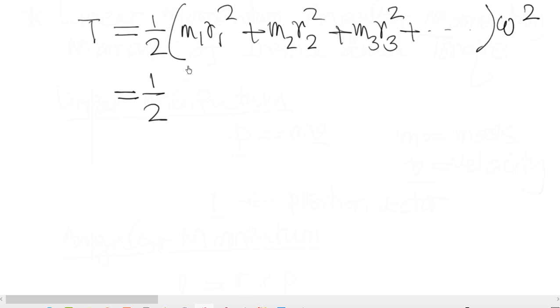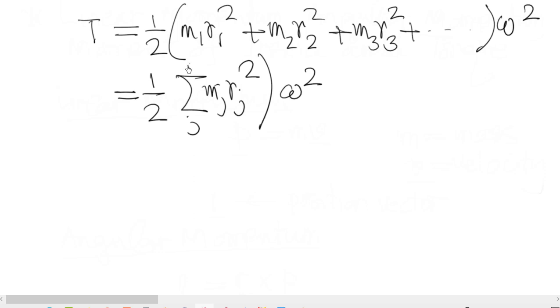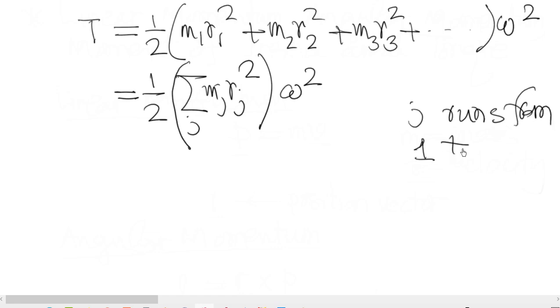We write down this summation over mj rj square, times omega square, where j runs from 1 to the total number of particles.